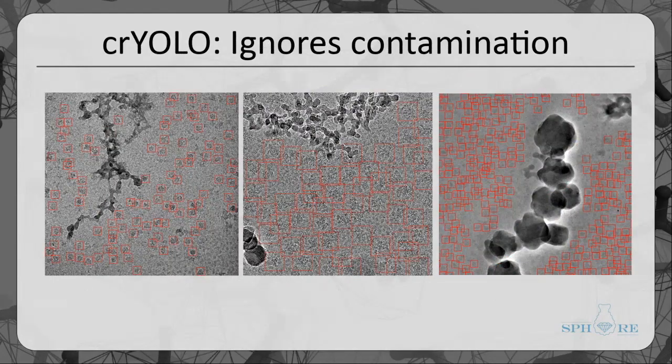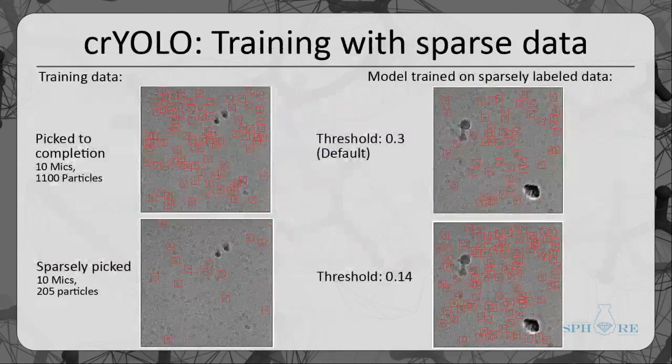And the last feature I would like to mention is the training on sparse data. While it might be ideal to train on micrographs picked to completion, it still works very well if you don't do it. And to illustrate that, I ran the following example. I took our toxin dataset, which was picked to completion, and I removed 80% of the particles.